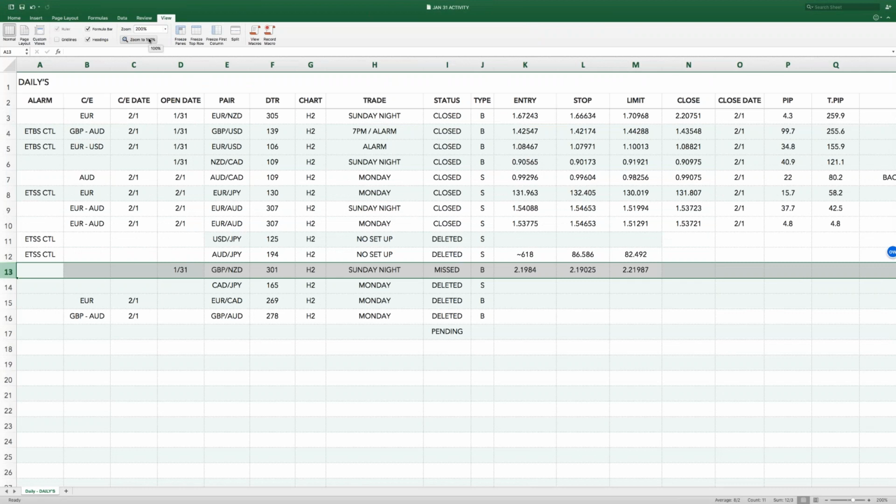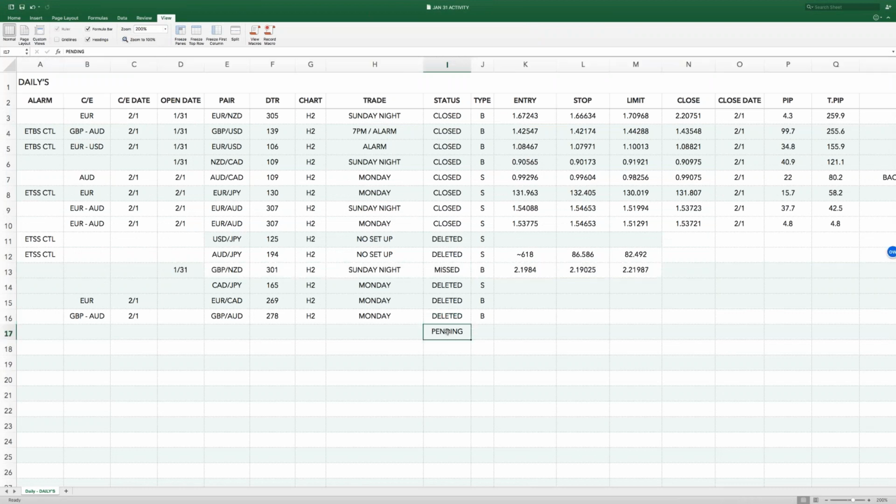Okay, very good. Right there in the status column is the missed entry and the pending entries. This is what we're going to start to see tomorrow. The pendings, the ones that are active, if the levels for the entry are the same, everybody's going to be active at the same time, which is going to cut down on the alert traffic that everybody's receiving, understanding that everybody has something else to do as opposed to sitting around waiting on alerts.